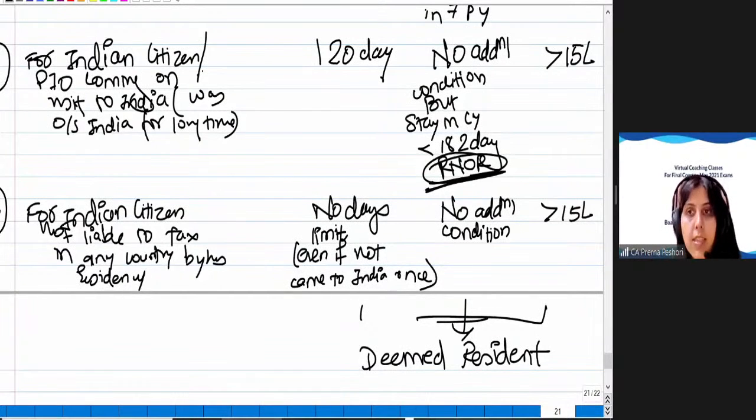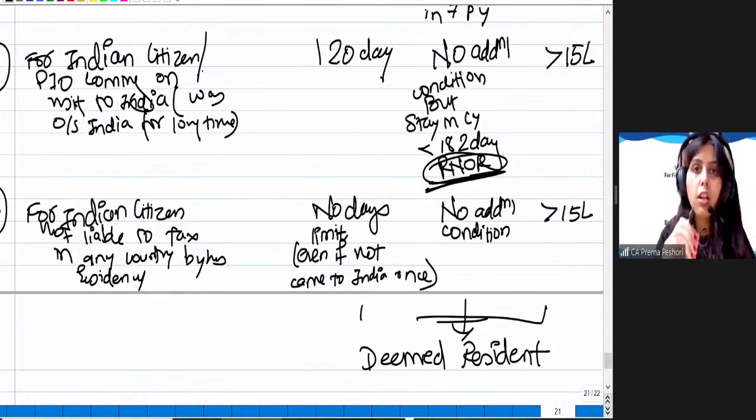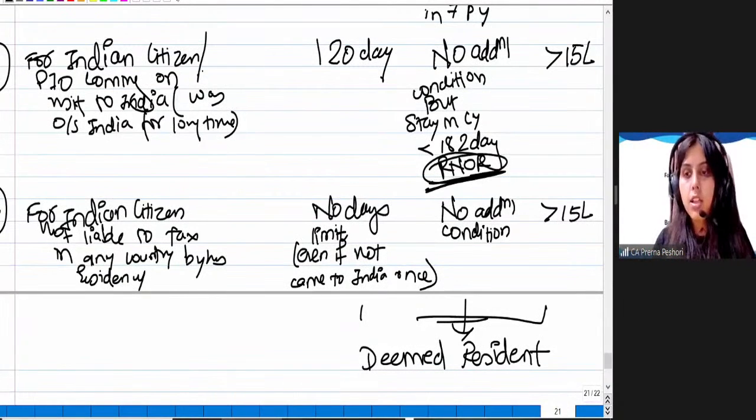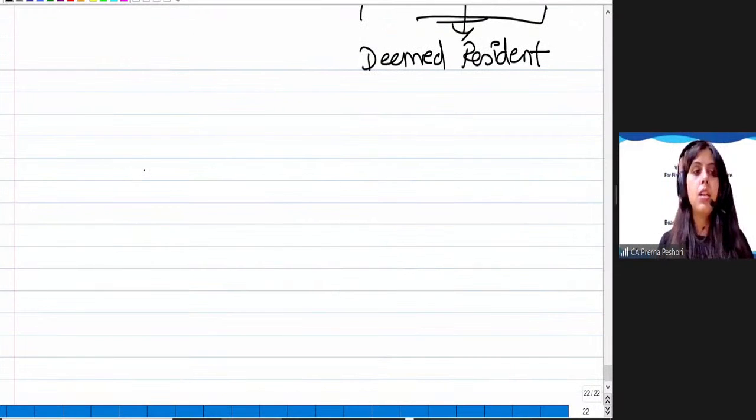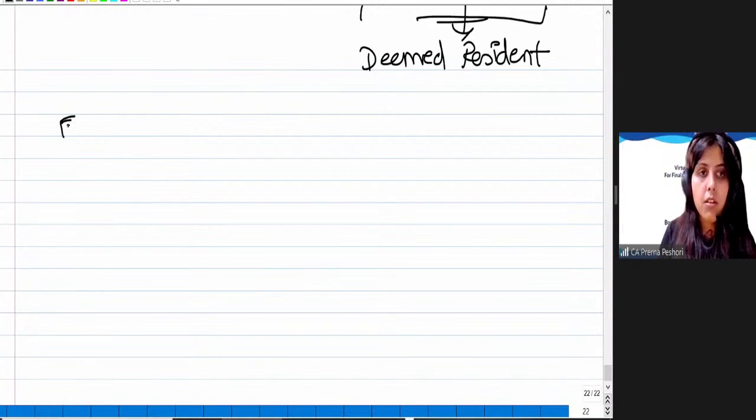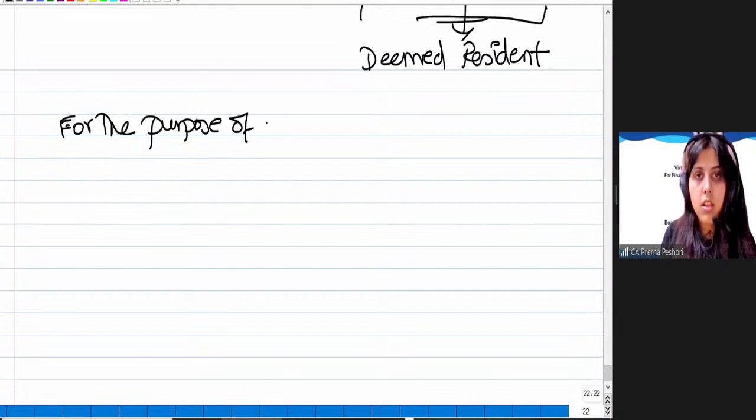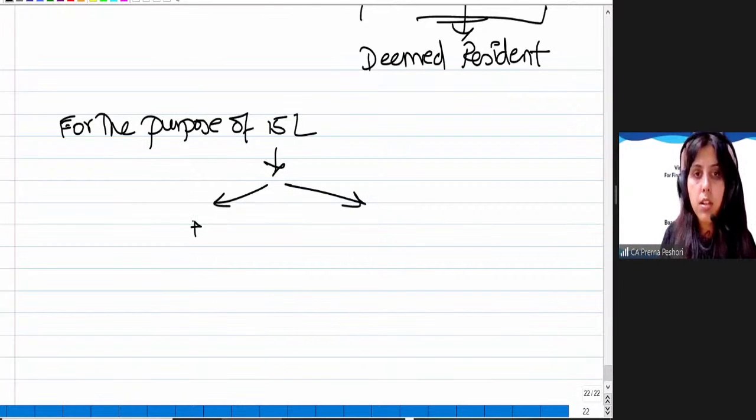Neil, I'll explain what all is included in 15 lakh. One second, I'll draw for you. For the purpose of 15 lakh, what all you will include and what you will exclude?